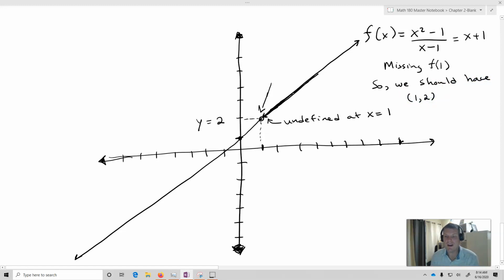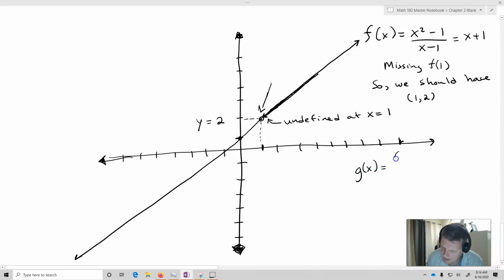So the idea here is that I'm going to pop it in there, right? I'm going to redefine my function. In order to make my function whole, to remove the discontinuity from the function, I'm going to create a new function. I'm going to call it g of x, okay?